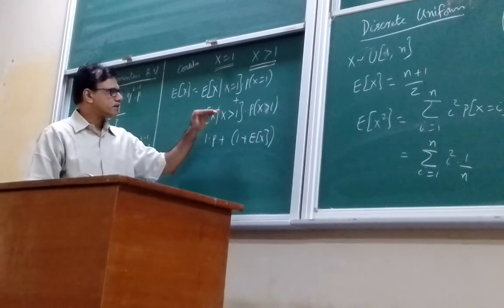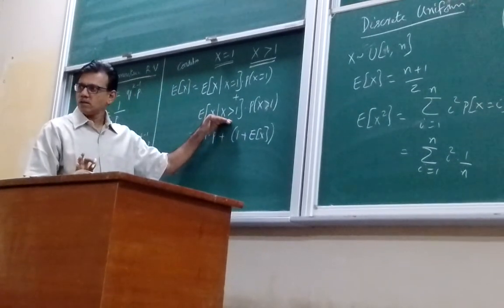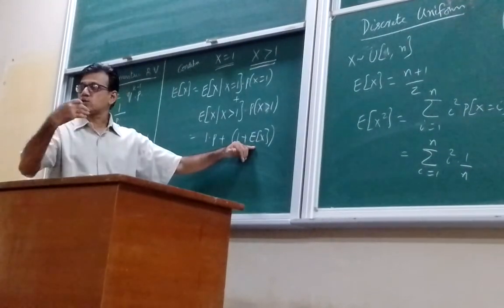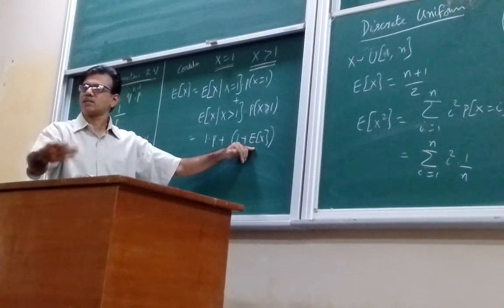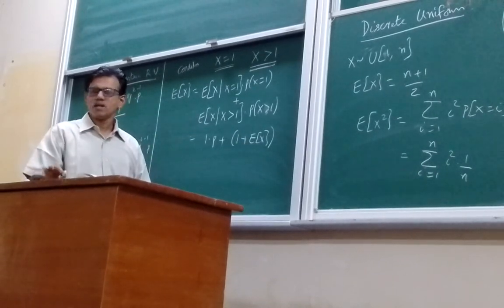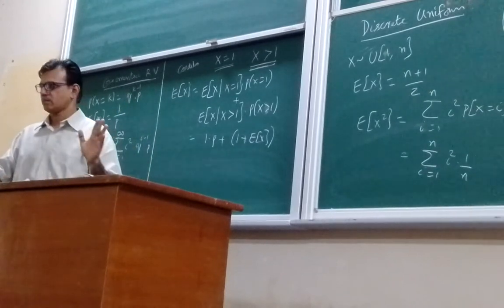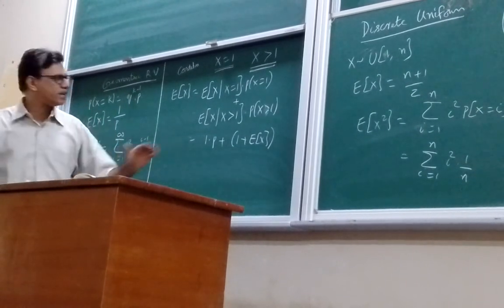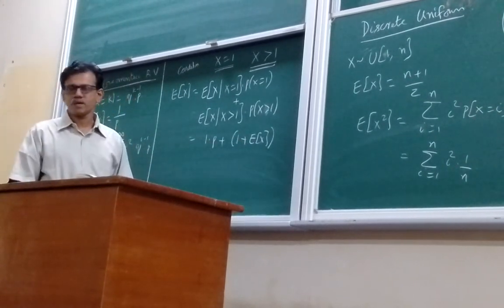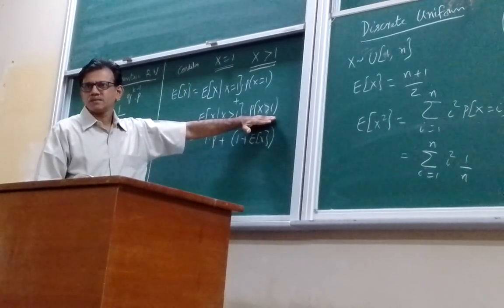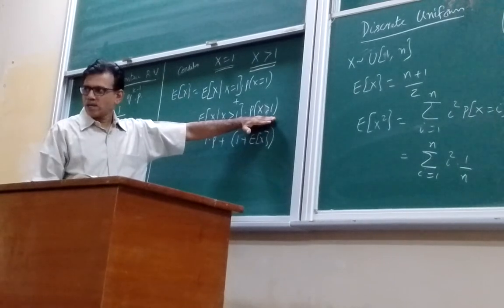Because it is more than 1, that 1 is to be included. Then the expected number of trials you have to wait is still E of x. E of x given x greater than 10 is 10 plus E of x; it is the memoryless property. And what is this probability? 1 minus p.